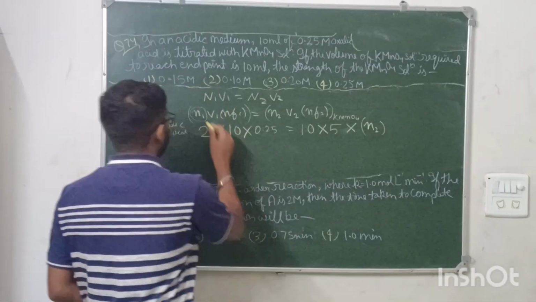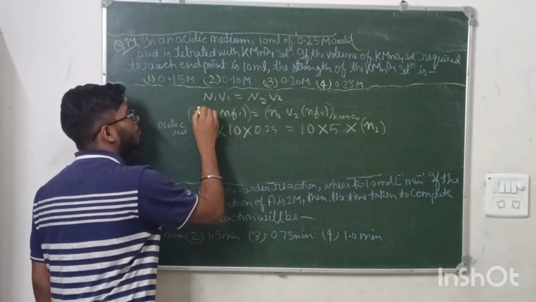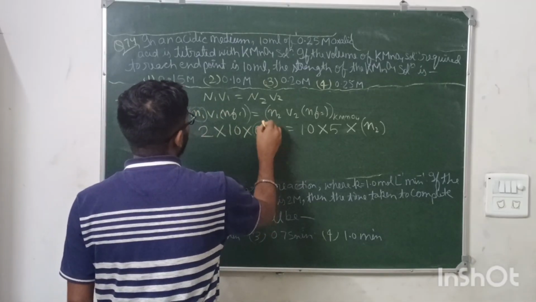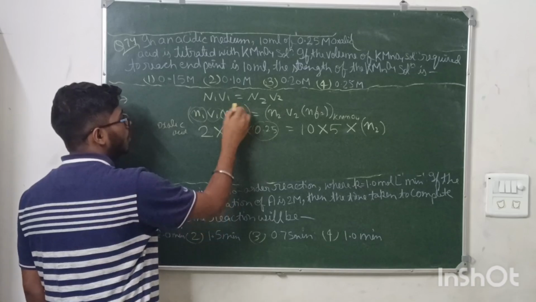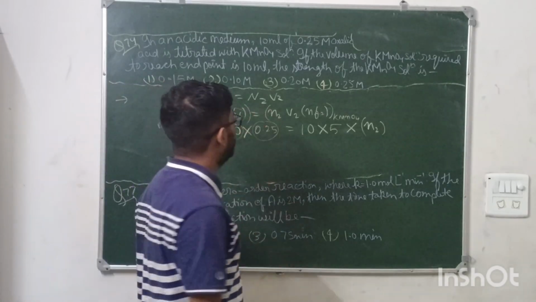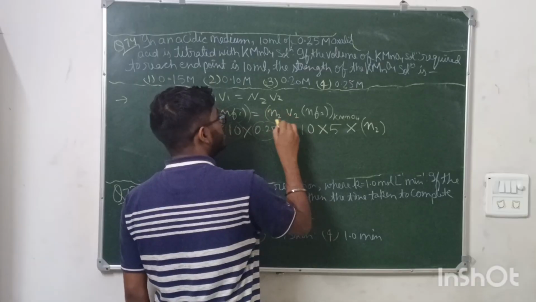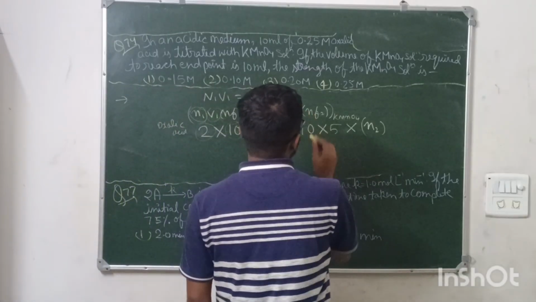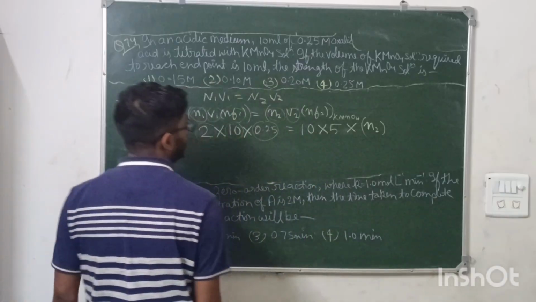So the strength N1 for oxalic acid is 0.25, the volume was 10, and the N factor for oxalic acid was 2. Similarly, you need to take out the strength N2 here. The volume V2 is 10 and the N factor for KMnO4 in an acidic medium is 5.